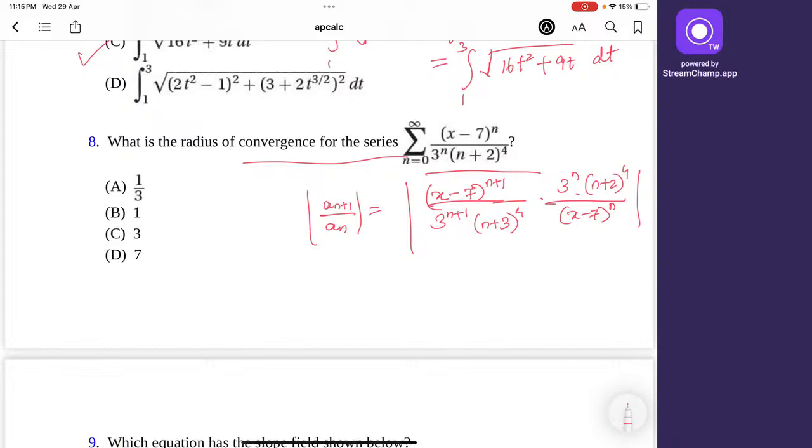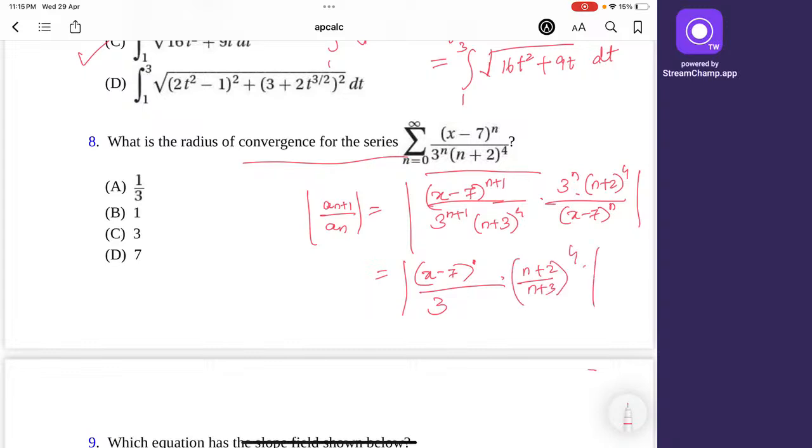And that simplifies to mod x minus 7 times 1 by 3 times n plus 2 by n plus 3 power 4.